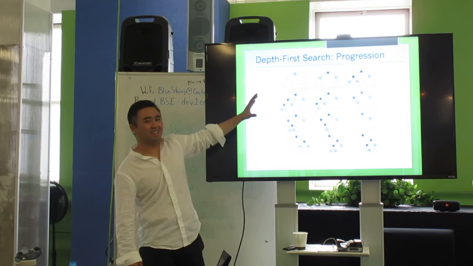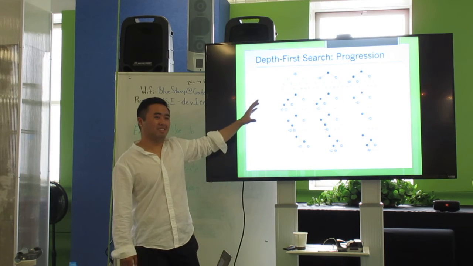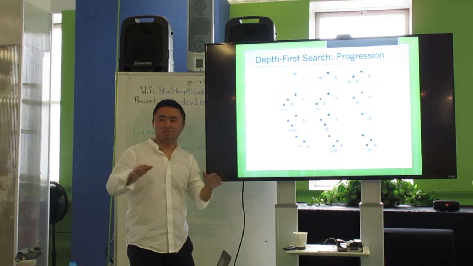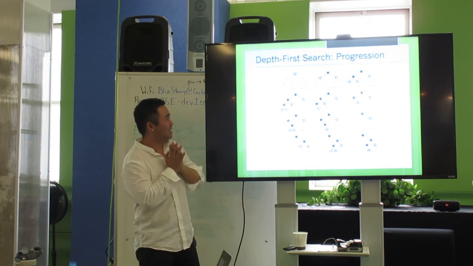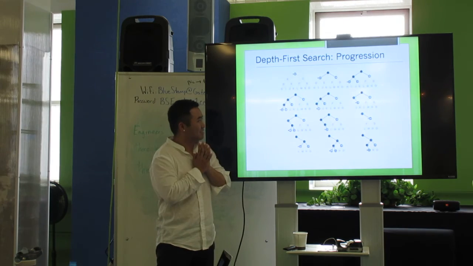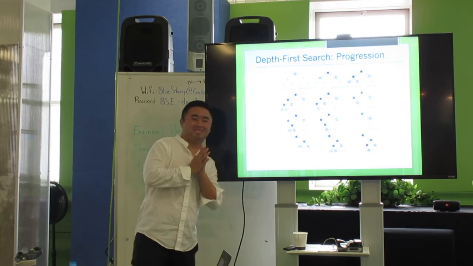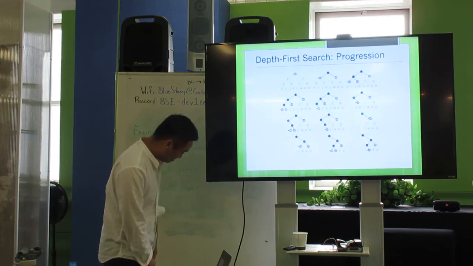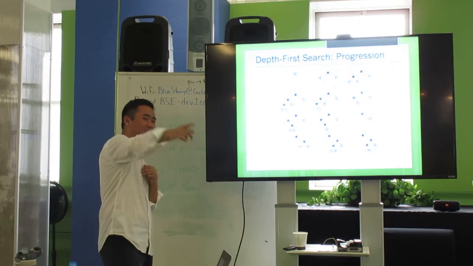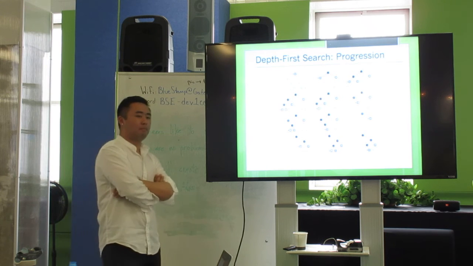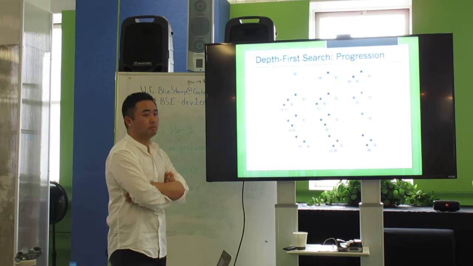Do I need to write this out, or do you understand how it's going? Yes, it's pretty simple, right? But that's honestly all I have. Do you have any questions about this? When it goes down one side, does it go back all the way up?